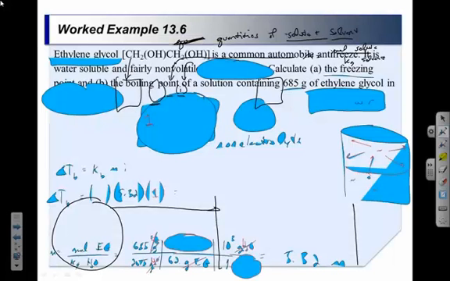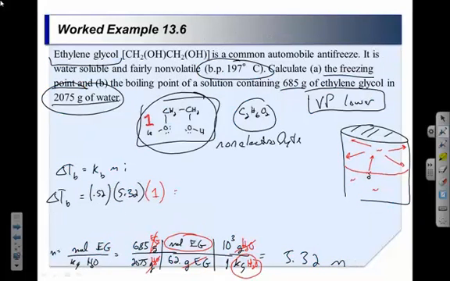So I plug that in here, and that would give me 5.32 times 0.52, which is 2.7, so I'd round that up to 3 degrees. That's the change in the boiling point. Water normally boils at 100, so this is going to be 103 degrees Celsius, the temperature at which it will boil.